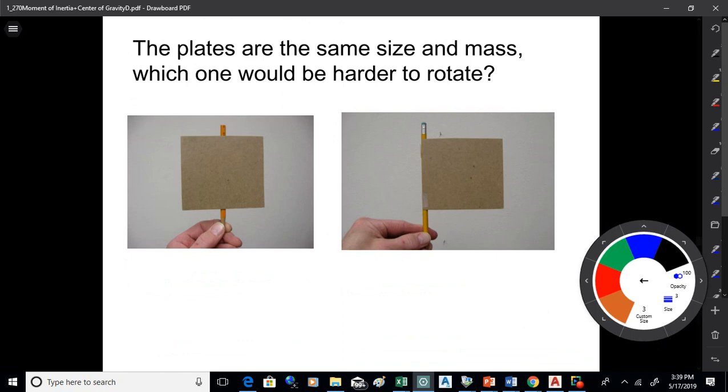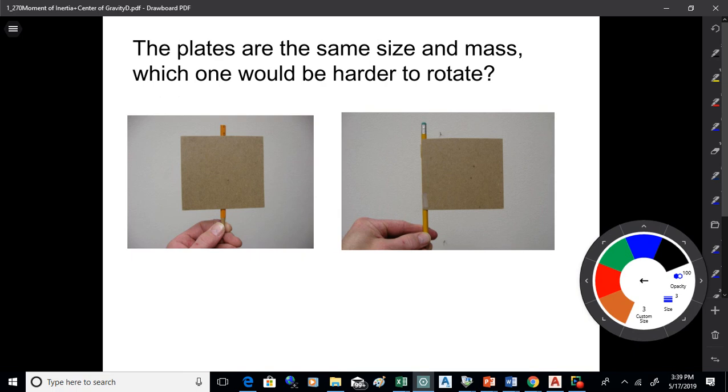You can see the effects of this. I've got two identical objects, one on the left and one on the right, with a simple axis put through each using a pencil taped onto it. Imagine what happens if I try to spin those. Which one's harder to rotate, the one on your left or your right?